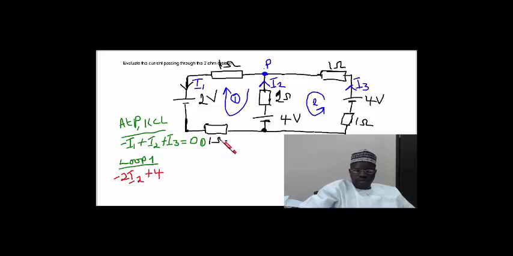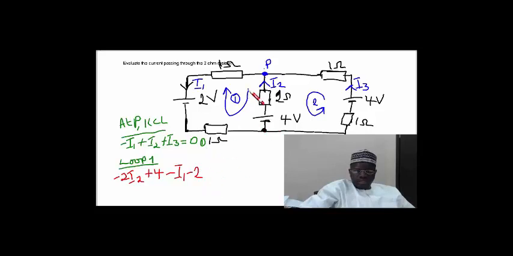Coming to my 1 ohm resistor on this side, my current I1 is passing through the 1 ohm and is opposing me, because the direction of my I1 is down and my direction is upward, so I'm going to have minus 1 times I1. Coming to my 2-volt battery, I'm reaching the negative terminal first, so my battery is minus 2 volts.